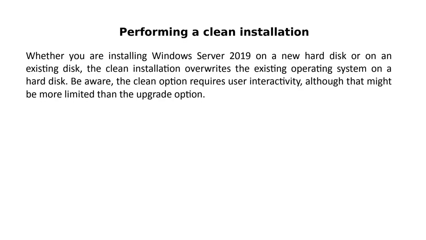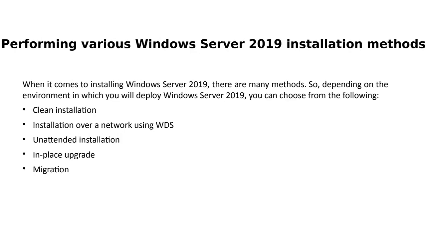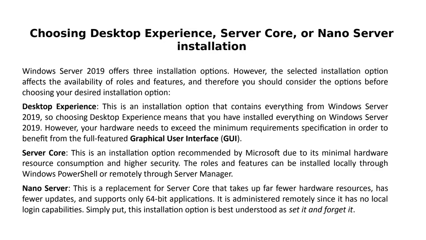So the first installation is the clean installation. Clean installation, we will do in the lab on a virtual machine. We will do it on a clean, or we call it a bare metal, computer, a new computer, or formatted computer.